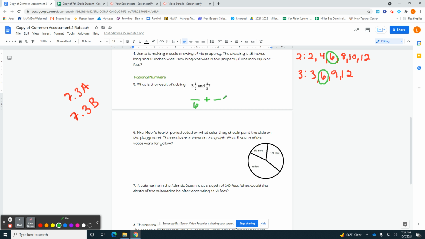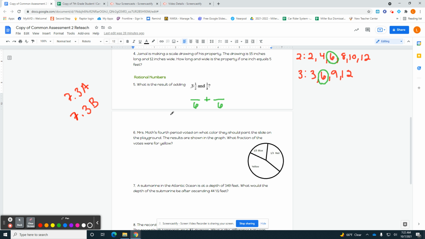Okay, and we're adding these two. So now my 2, I had to multiply it how many times to get 6? I had to multiply it 3 times. Yes. Okay. But before I can do this part, I have to turn this mixed number into an improper fraction.